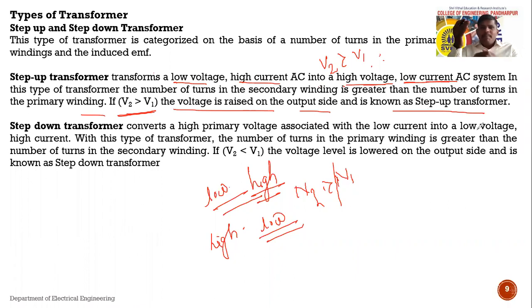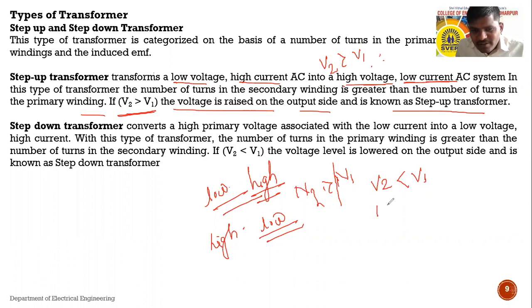Now opposite to that of step up transformer, there is a step down transformer. Okay, see, in case of step down transformer, the secondary voltage should be less than that of primary voltage. That is, secondary voltage V2 is less than V1.